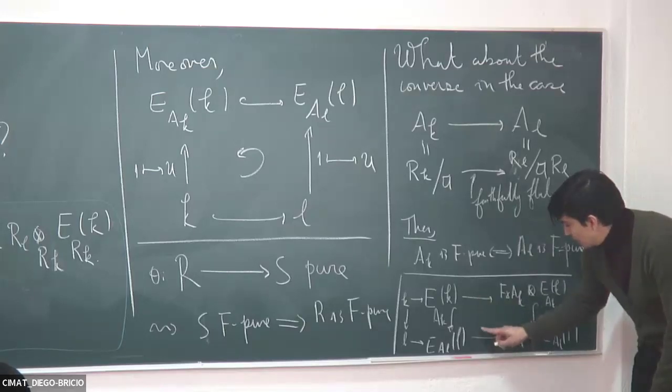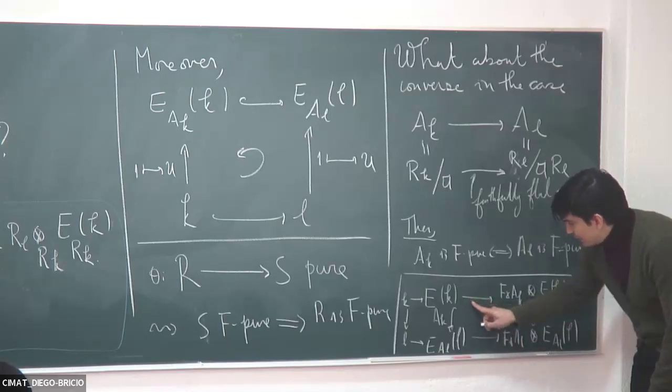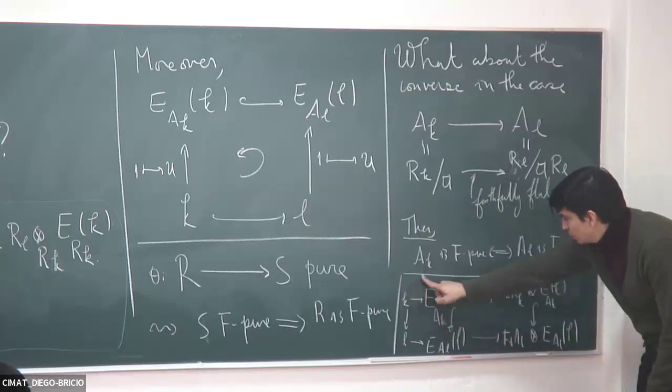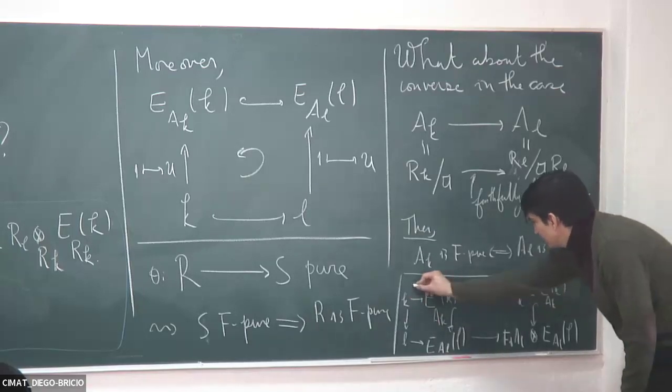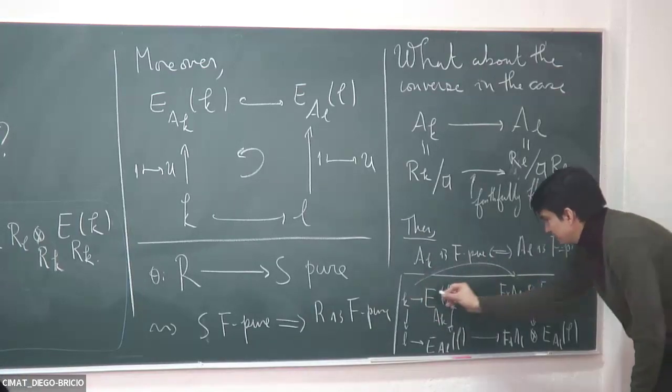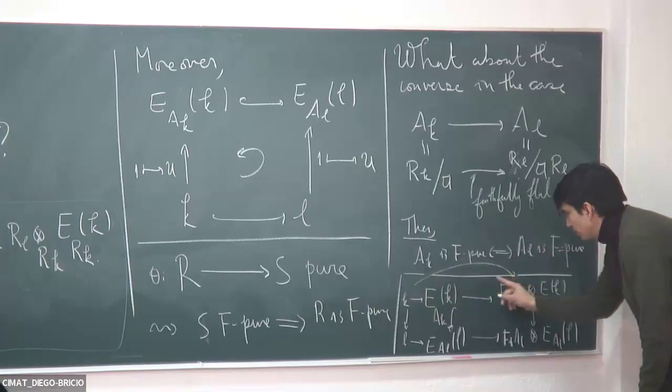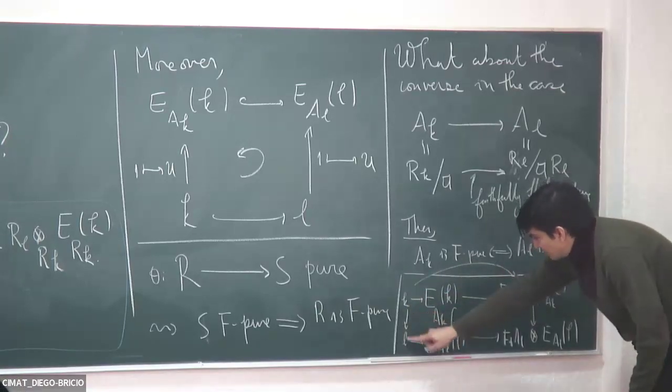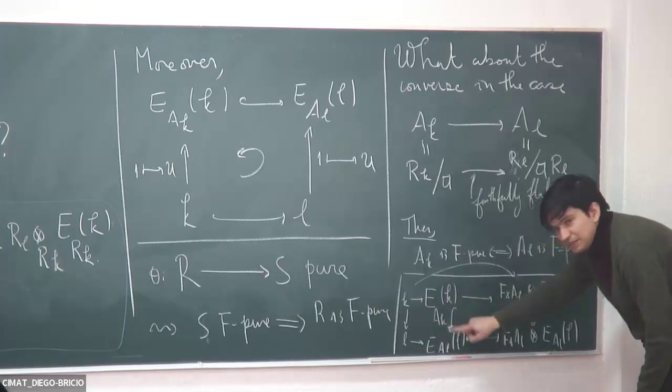And you can see why, because this arrow here is injective, we saw, if and only if the socle element doesn't vanish. In other words, when you look at this one, it is injective if the socle element doesn't vanish. But you see the socle elements of these two things are identified.